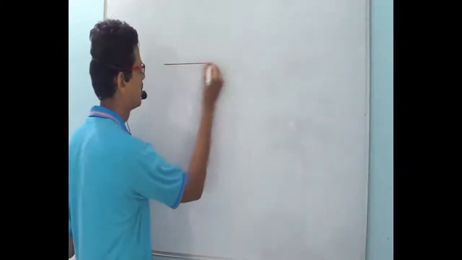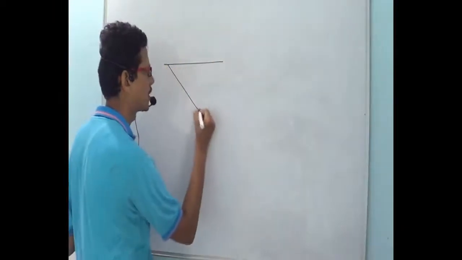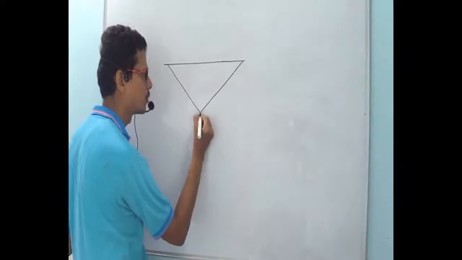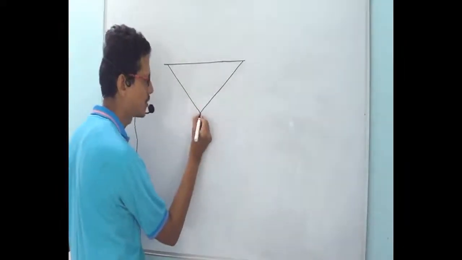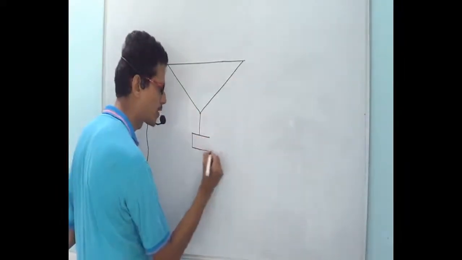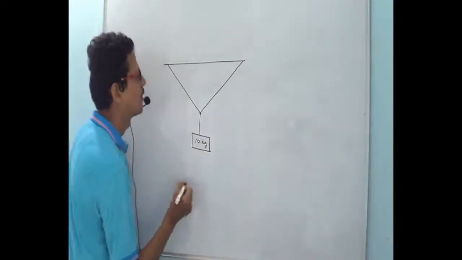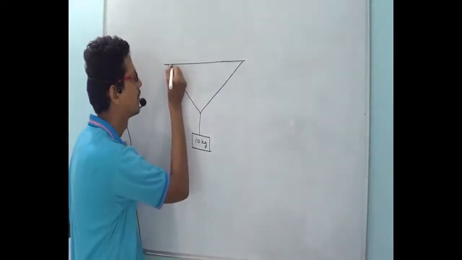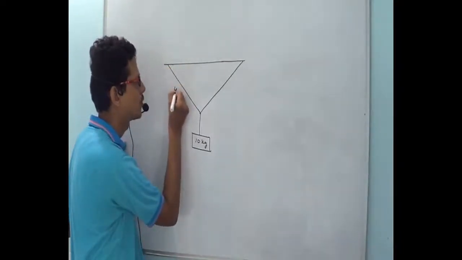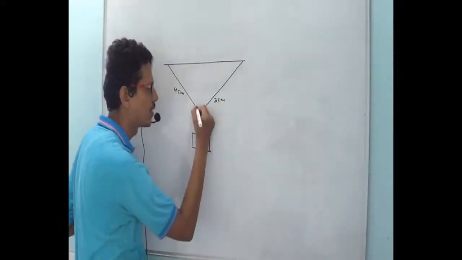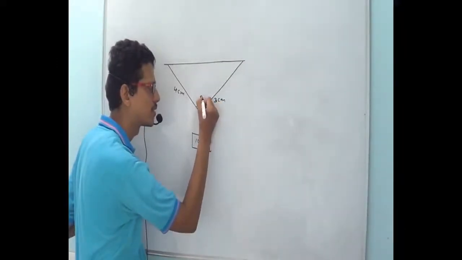I have a body which is suspended from two wires, and this is the body. This body is of mass 10 kgs. This wire is 4 centimeters, this is 3 centimeters, and here the angle is 90 degrees.